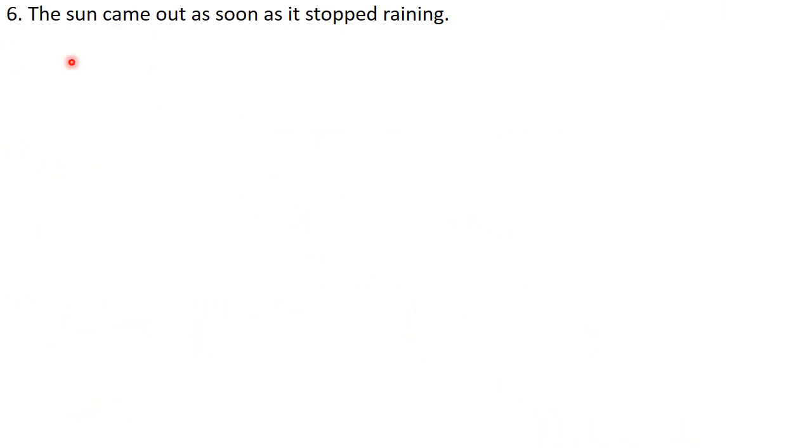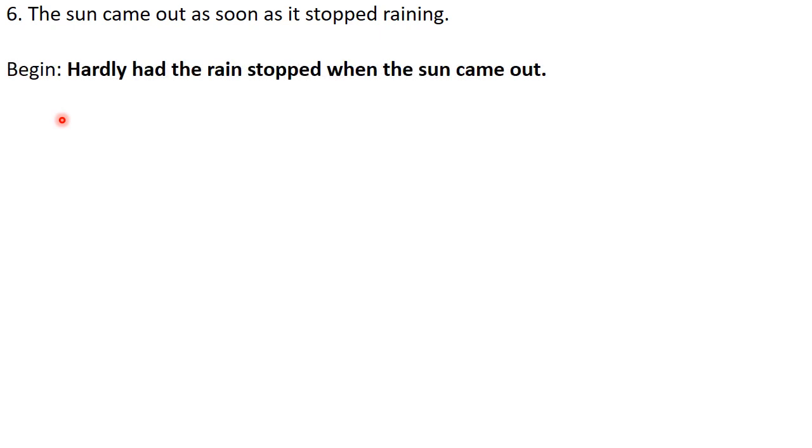Question 6. The sun came out as soon as it stopped raining. Okay? The sun came out as soon as it stopped raining. So what happened first? The rain stopped. What happened next? The sun came out. Okay? So if the question says use hardly had, so you write hardly had the first action, which is the rain stopping.